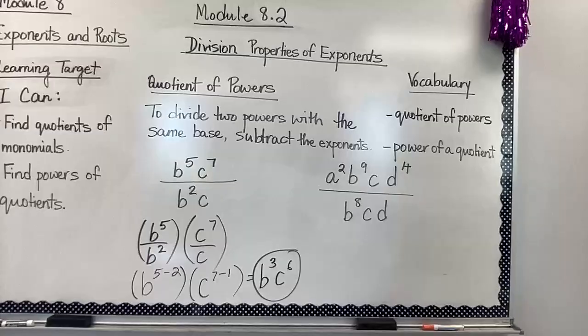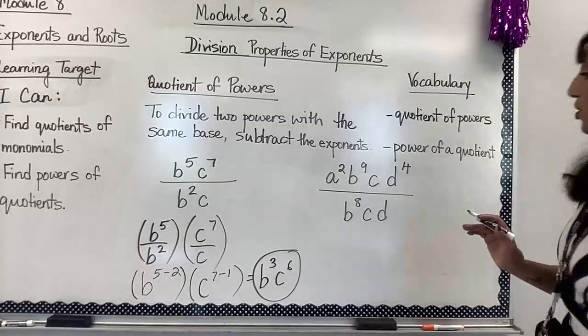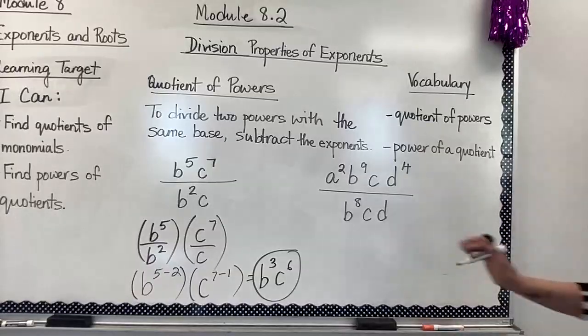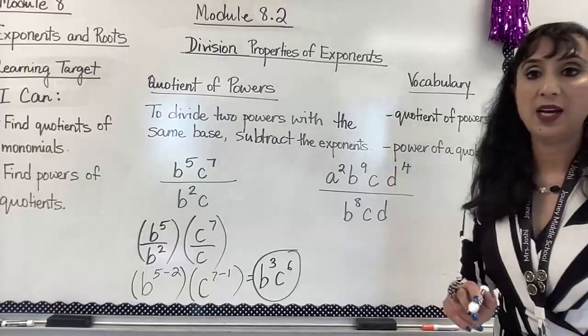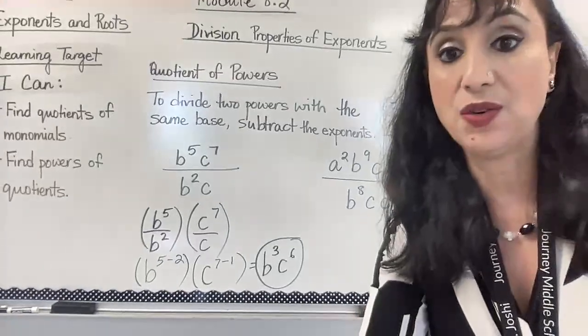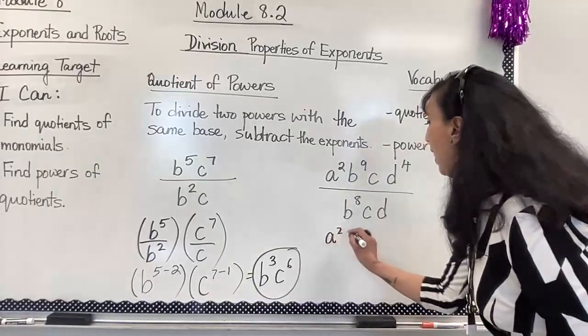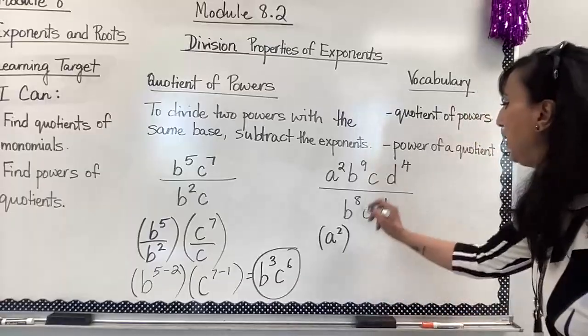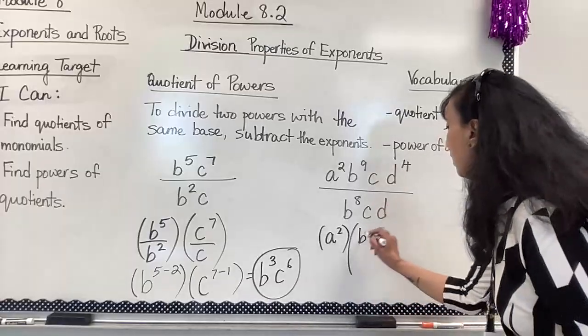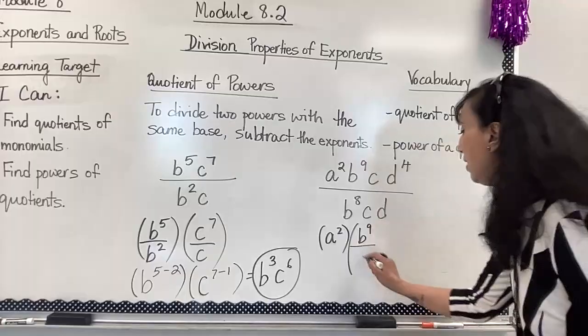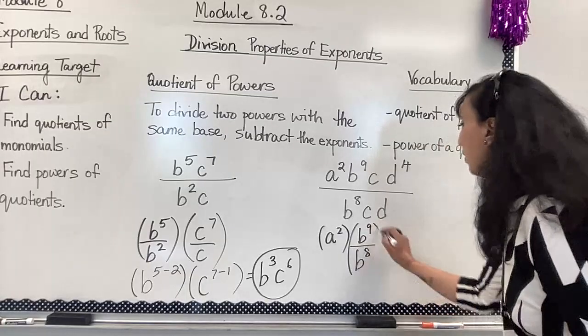Let's do the next one. Okay, so if I'm looking at this, do I have another a to group this with? I do not have an a to group so it's just going to be a squared. Okay, and then I'm going to group my b to the 9th power and b to the 8th power.